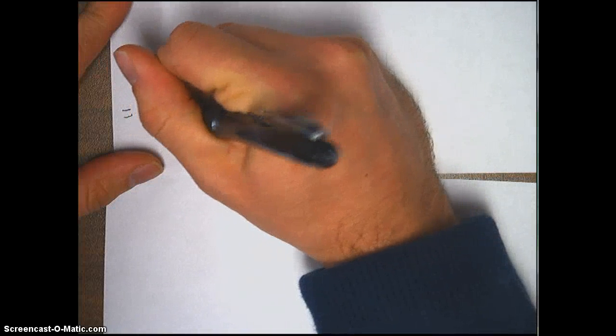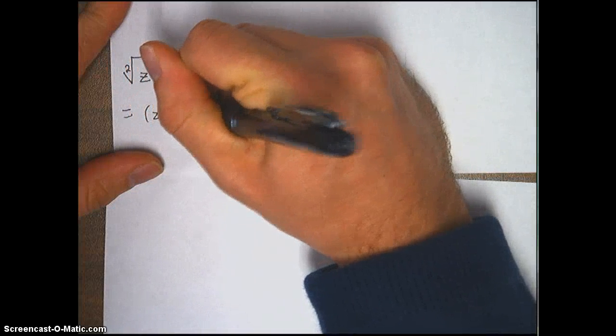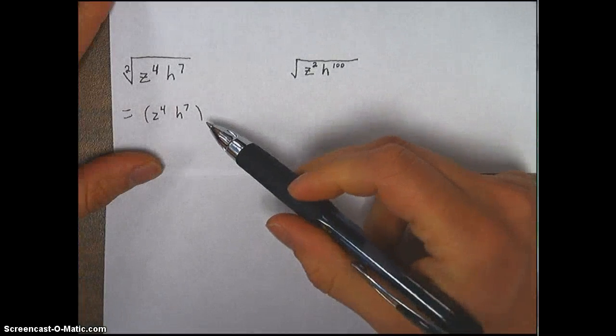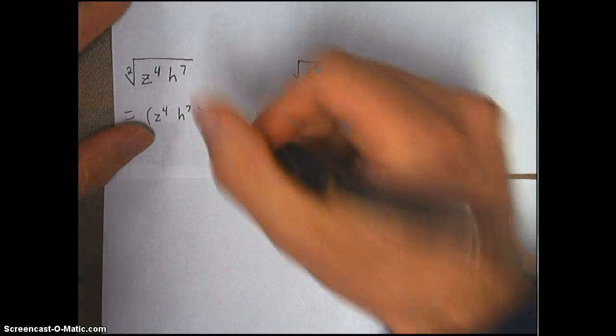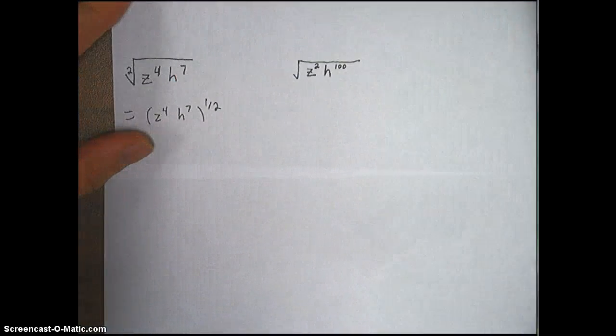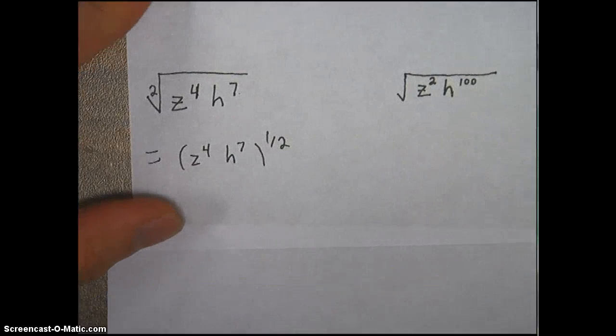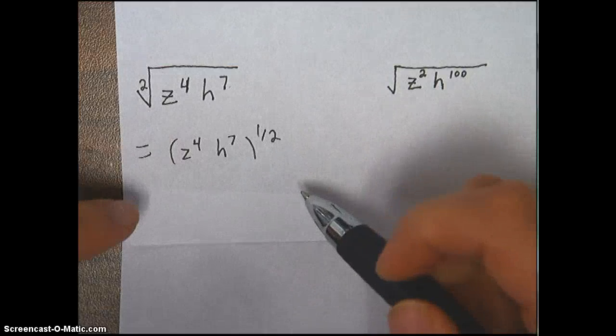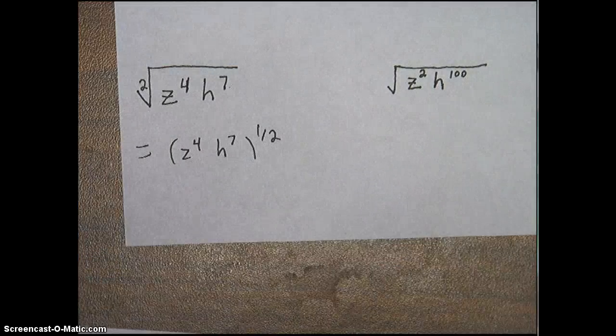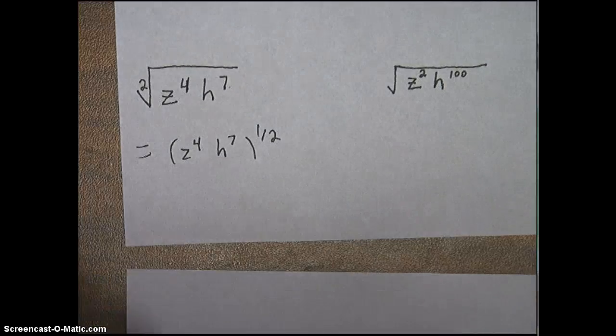So that's z to the 4th, h to the 7th. And since the square root is surrounding both of these terms, that means the whole thing is raised to the 1/2 power. So I just took everything underneath the square root, and I changed it to raised to the 1/2 power because that's the same thing as taking the square root.